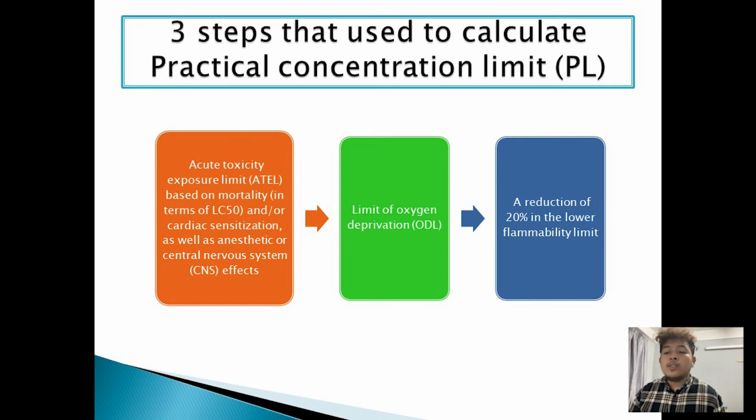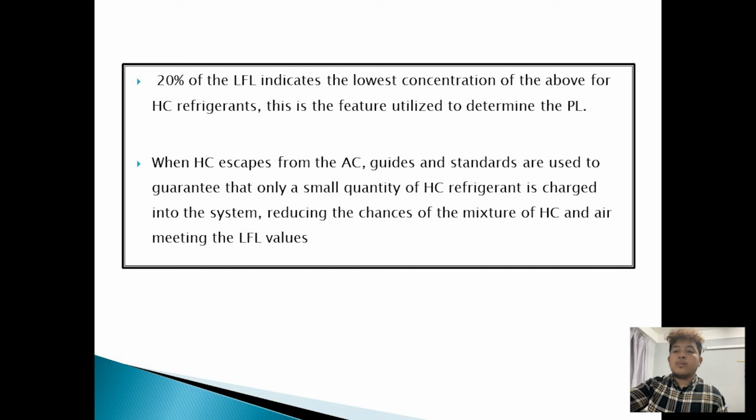The second one is the oxygen deprivation limit, which is ODL. And the third one is a reduction of 20% in the lower flammability limit. So the last one, 20% of the lower flammability limit, indicates the lowest concentration of the above for hydrocarbon refrigerants. This is the feature utilized to determine the PL.